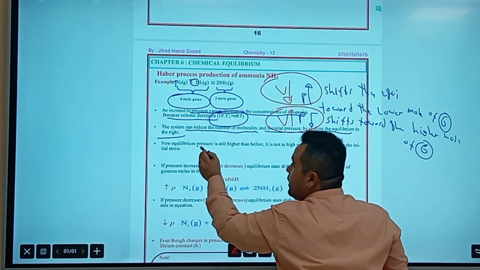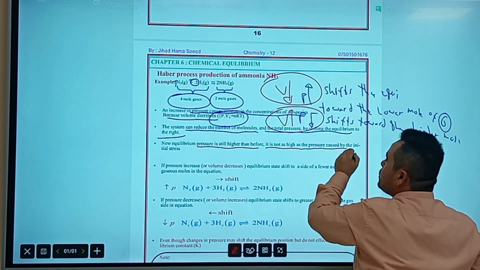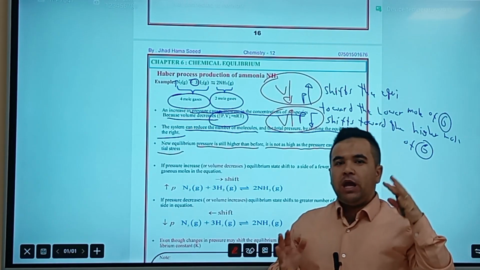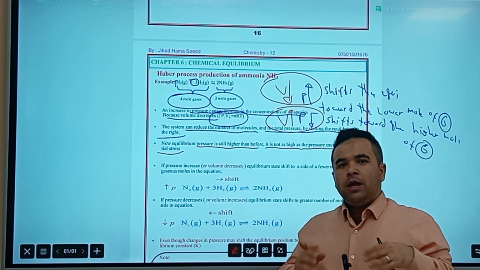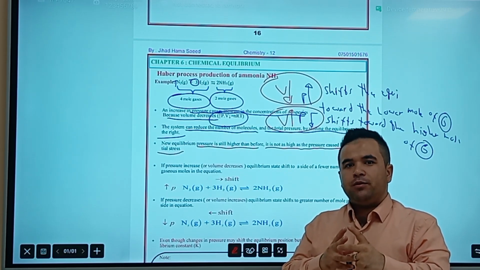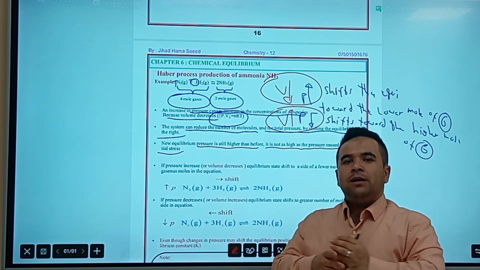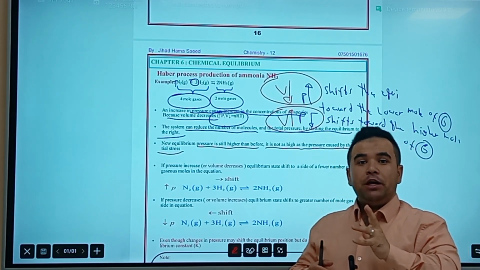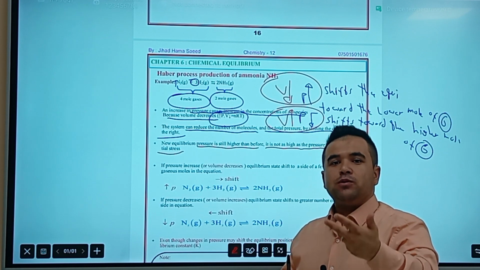The new equilibrium pressure is still higher than before, but it's not as high as the pressure caused by the initial stress. Guys, initially when we increase or decrease the pressure, during the disturbance of the equilibrium position the stress is high, but the system rearranges itself automatically to a new equilibrium position.